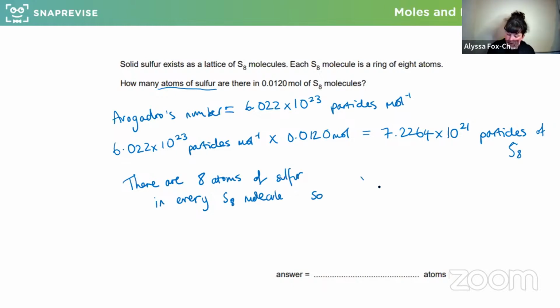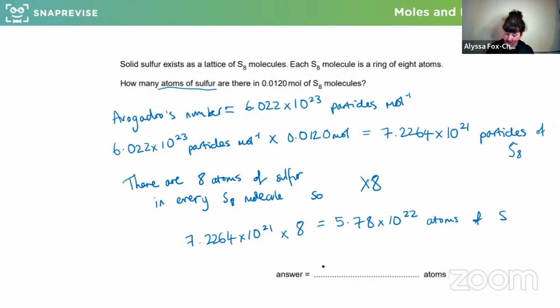So we need to multiply by 8 to get the number of atoms. So 7.2264 times 10 to the 21 times 8 gives us 5.78 times 10 to the 22 atoms of sulfur. And that's our final answer.